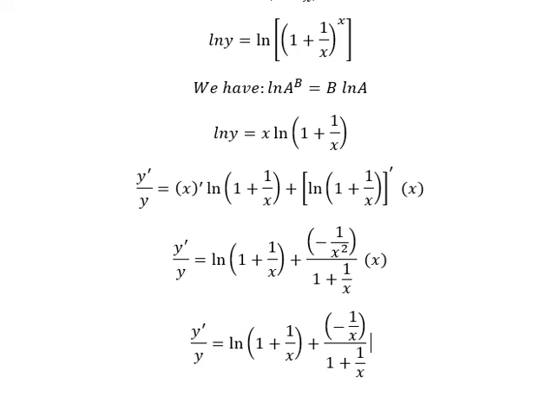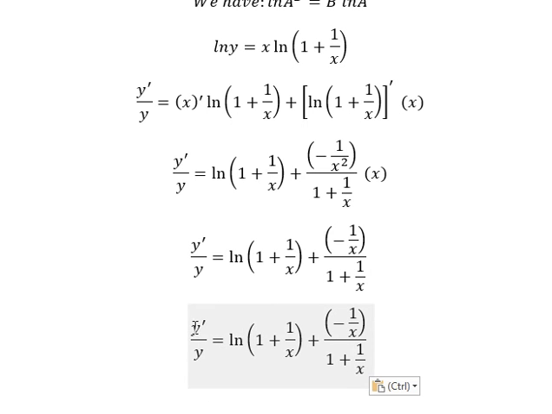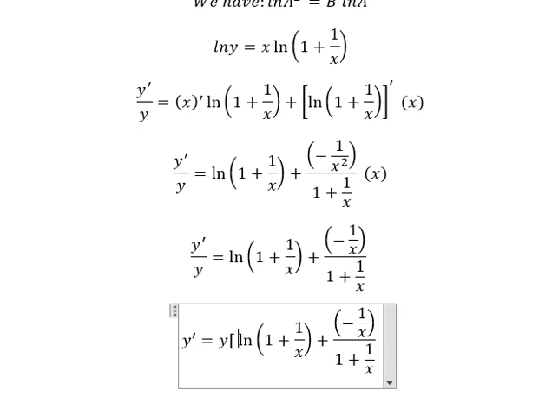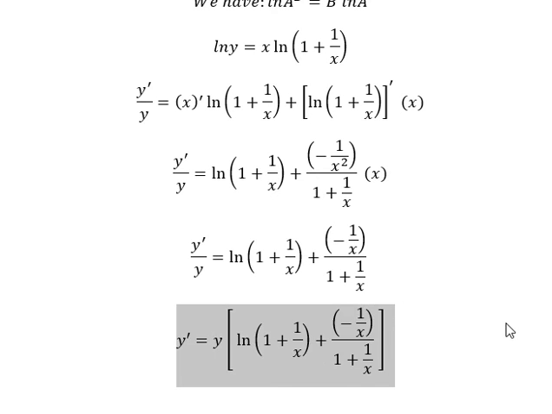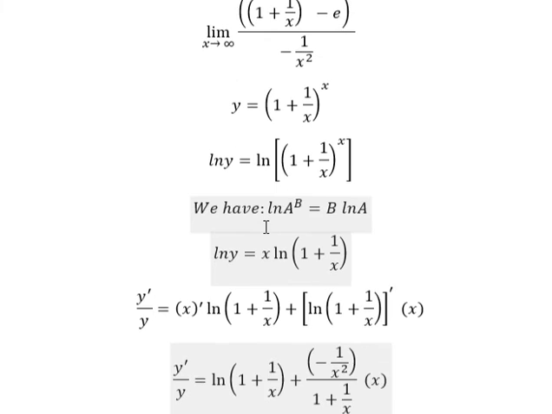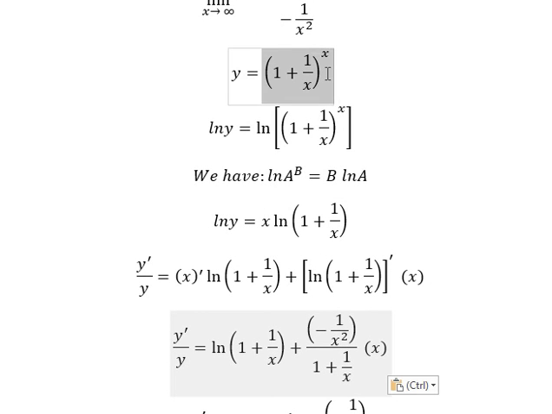Next, we need to multiply both sides by y. About y, that is about this one.